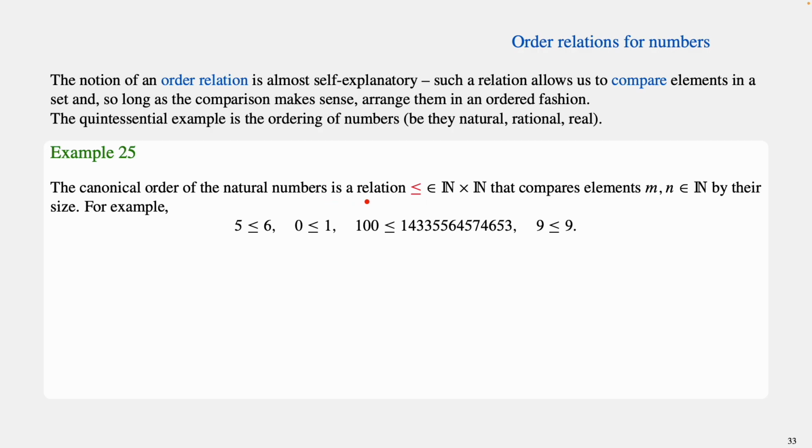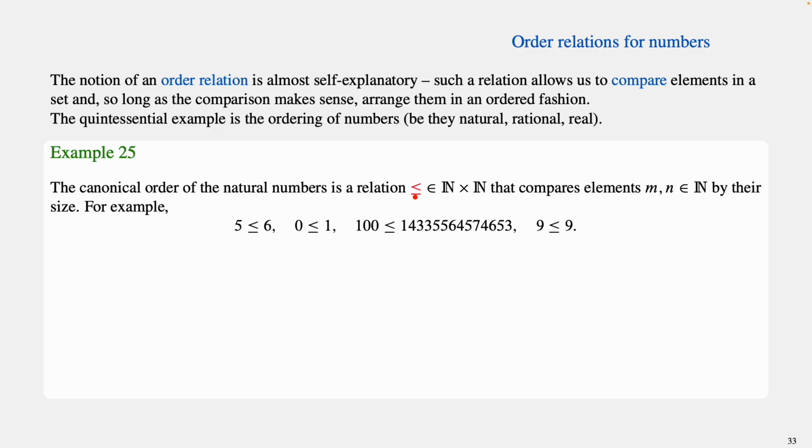So we know that natural numbers are ordered simply by their size. So this gives us a relation less or equal and I will simply use this symbol as the name of the relation. So maybe this takes a bit getting used to, but now the less or equal symbol is the name of this subset of the Cartesian product of the natural numbers.